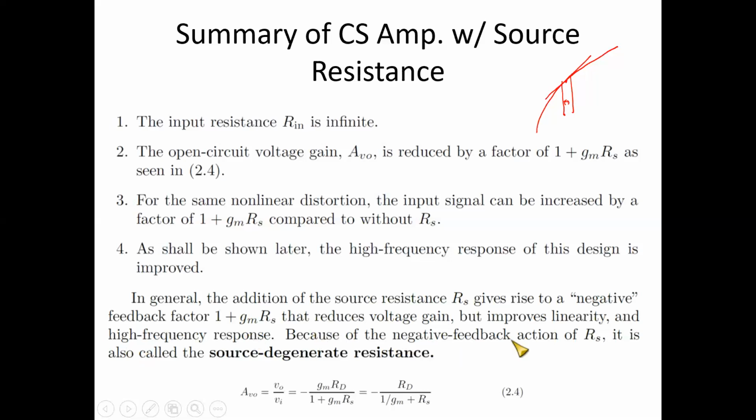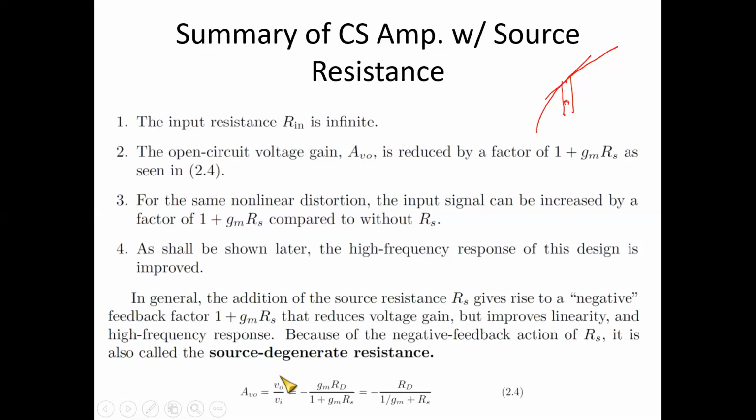And because of this negative feedback action of RS, it is also known as the source degenerative resistance. So RS provides negative feedback, and this improves the performance of the device in terms of the high frequency response and also linearity.